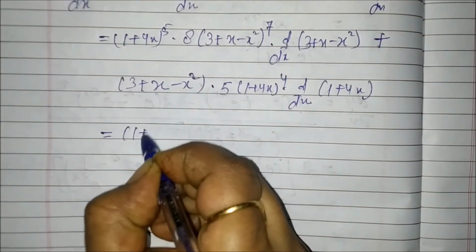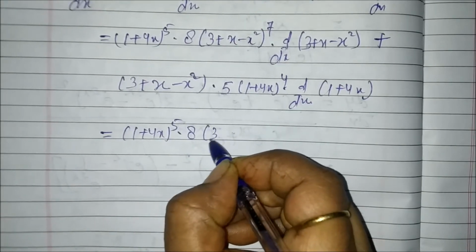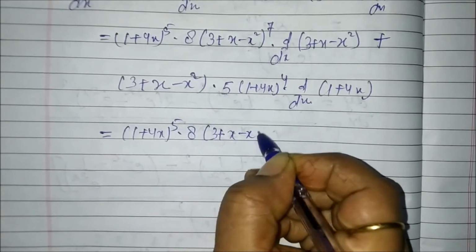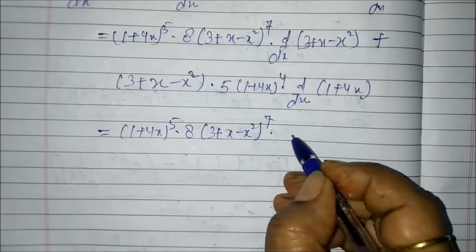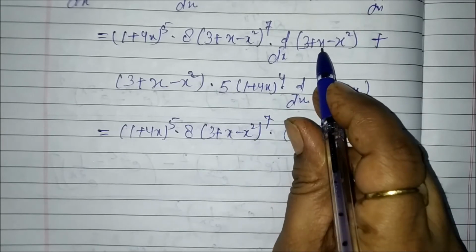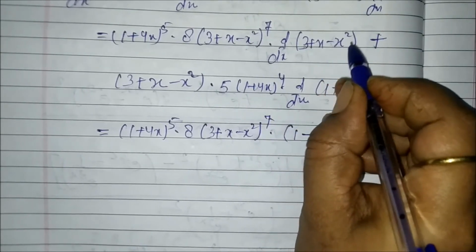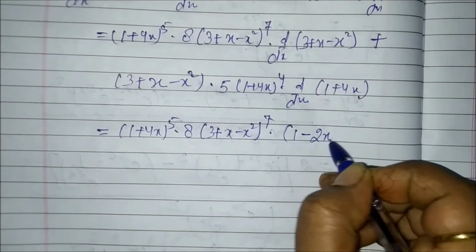Now (1 plus 4x) raised to 5 into 8 into (3 plus x minus x square) raised to 7 into. Now differentiation of 3 is 0, differentiation of x is 1 minus, and differentiation of x square is 2x.